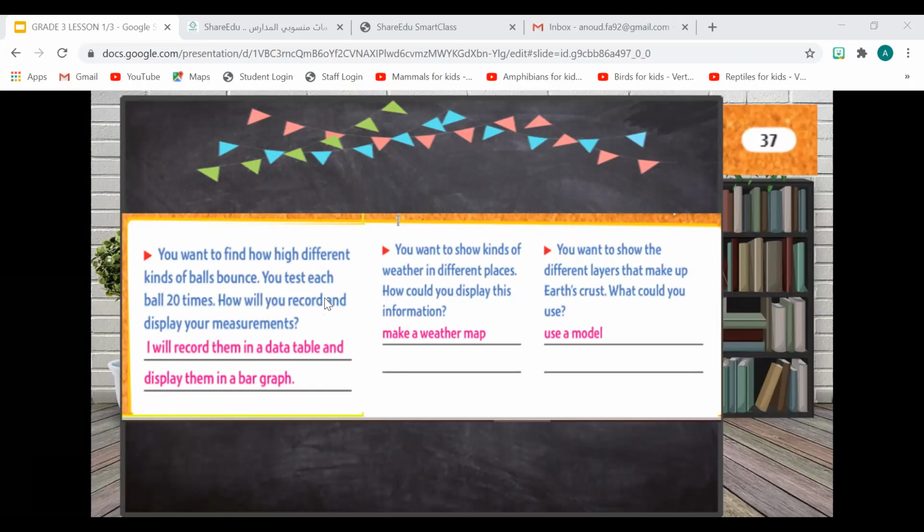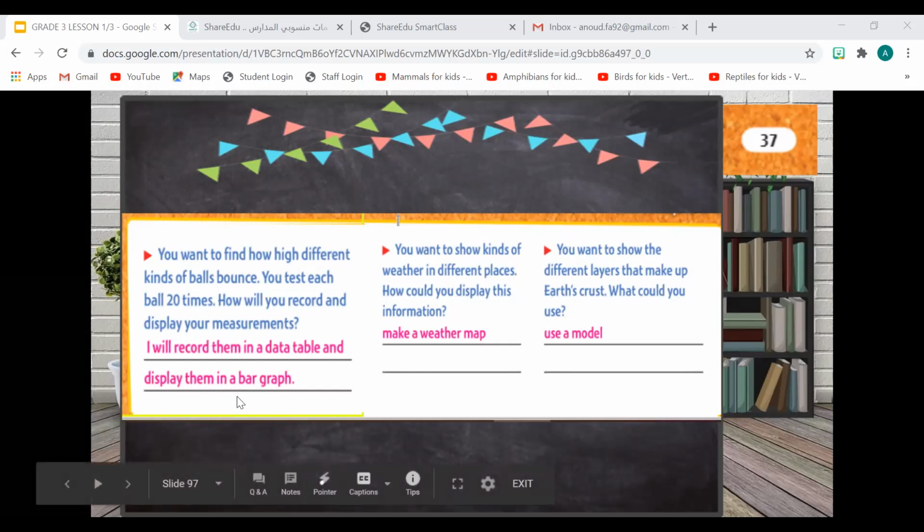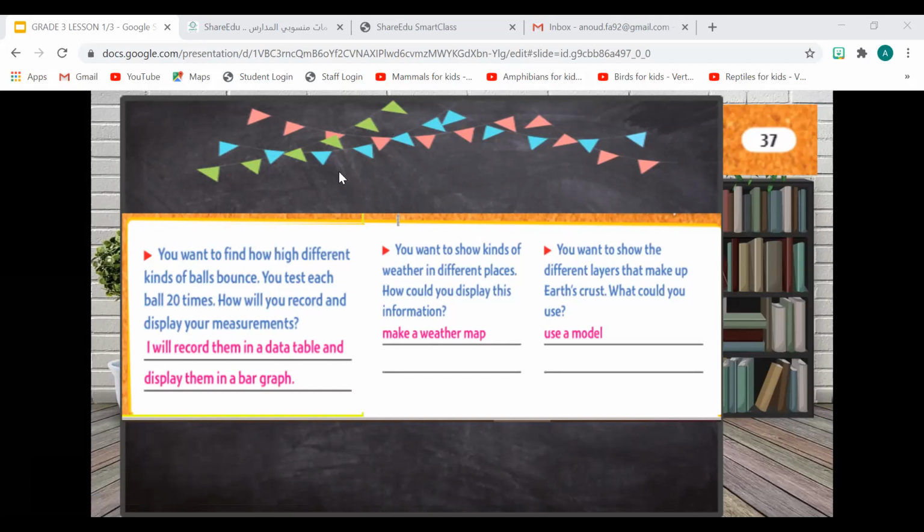Now, how will you record and display your measurements? So I'm gonna record them in a data table and display them in a bar graph, just like our friend. I will make a table. I will say that the first time, the first ball, maybe bounced 20 times 10 feet.